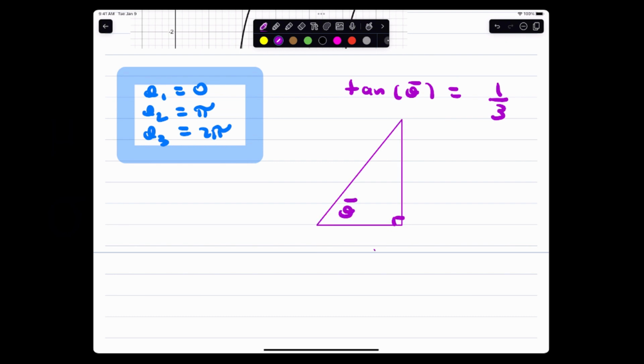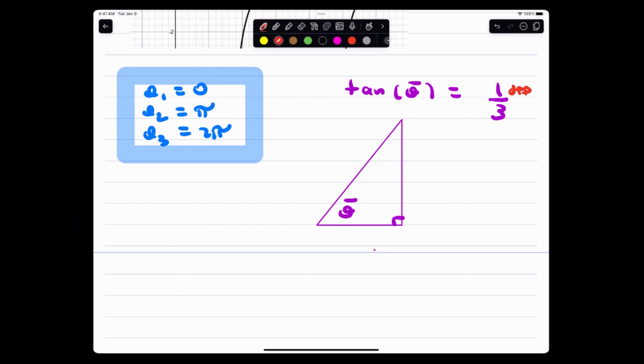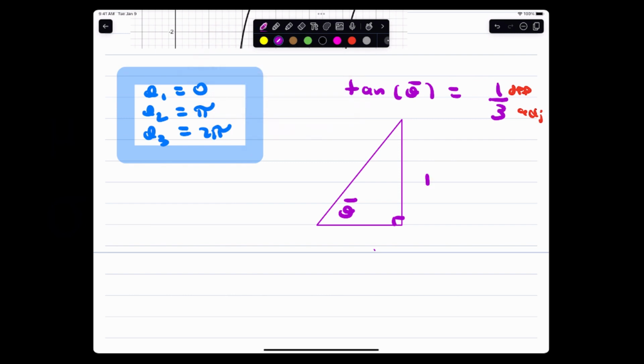What's the definition? Do you guys remember? Opposite over adjacent. Okay, so the opposite side is 1. The adjacent side is root 3. You know what that means about the hypotenuse? That's 2. What's the reference angle? Is that 30 degrees? Pi over 6. This is your reference angle.